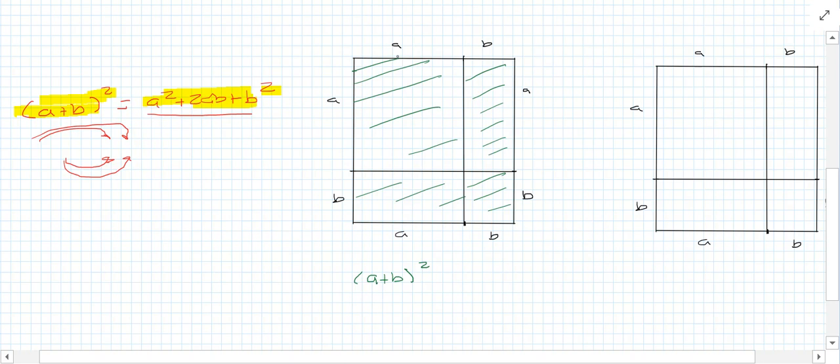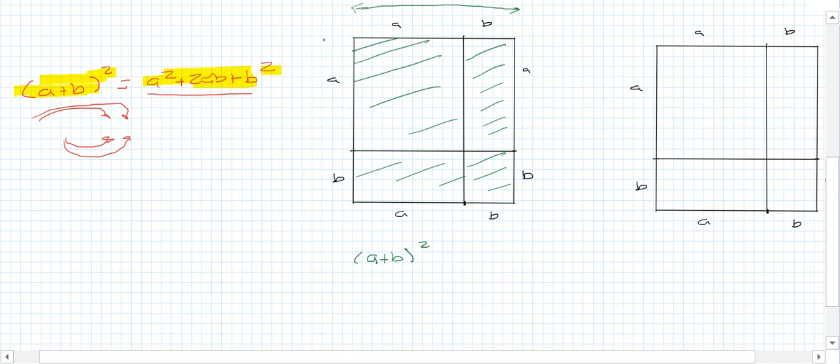This length from here to here is a plus b, and this length from here to here is also a plus b. All we're doing is multiplying them by each other. So a plus b multiplied by a plus b is equal to a plus b squared.